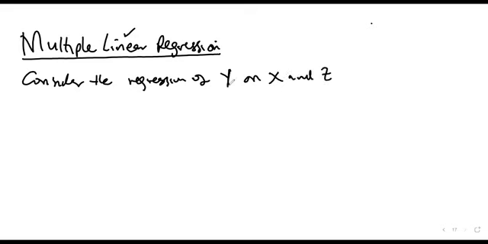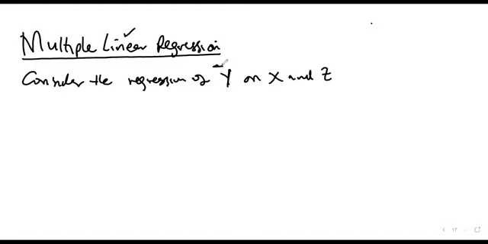So you may be told to regress y on x and z. So clearly here we have three variables. And I would like you to note that in this context, we'll only be restricting our discussion to a maximum of three variables. So we'll either be discussing simple linear or multiple linear with only three variables.